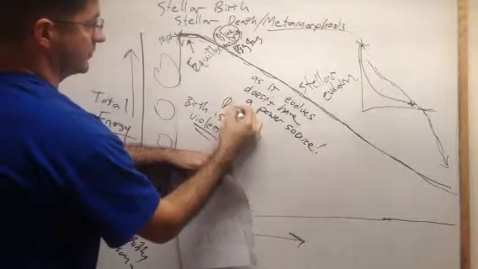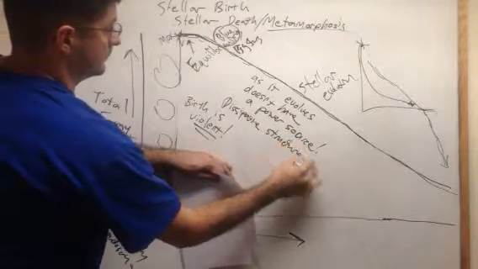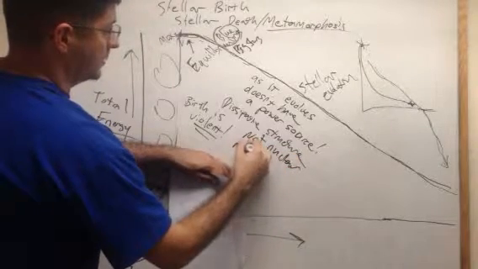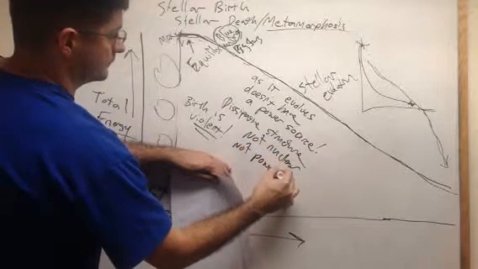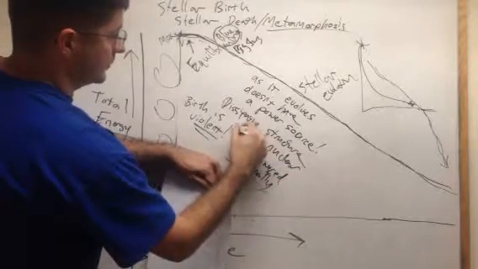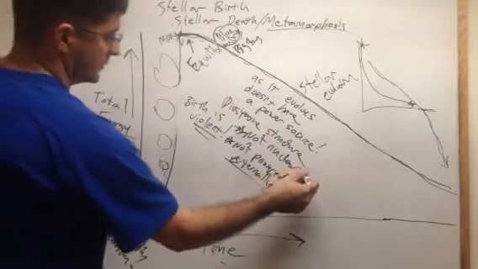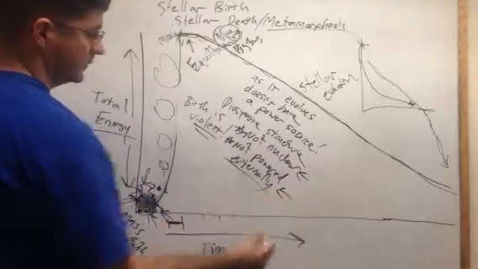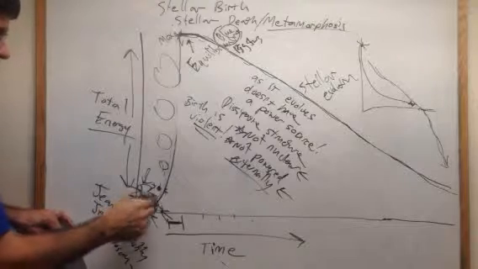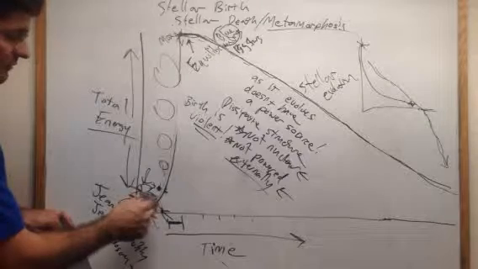It's a dissipative structure. It's not nuclear, and it's not powered externally. And since it's not powered internally or externally, we can have whatever process births it as the initial energy.